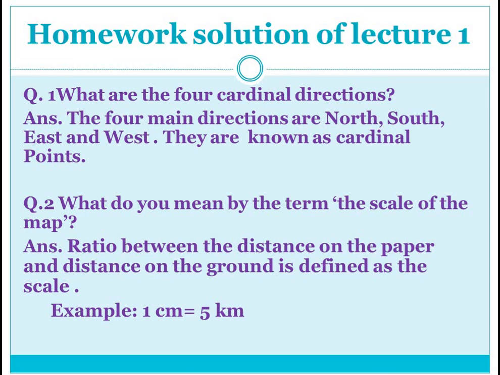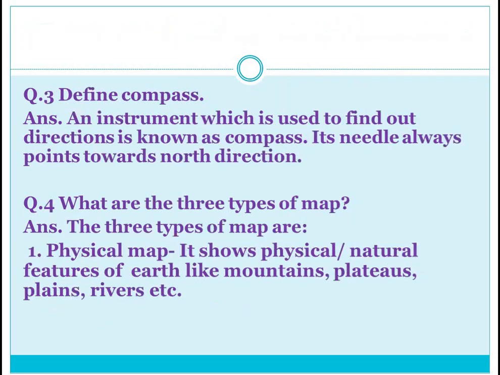So 1 centimeter on the paper represents 5 kilometers of actual ground. The third question was: define compass. An instrument which is used to find out directions is known as a compass. Its needle always points towards the north direction.